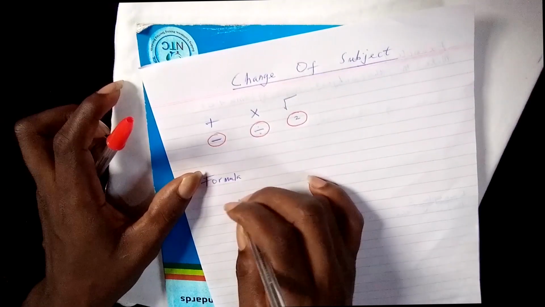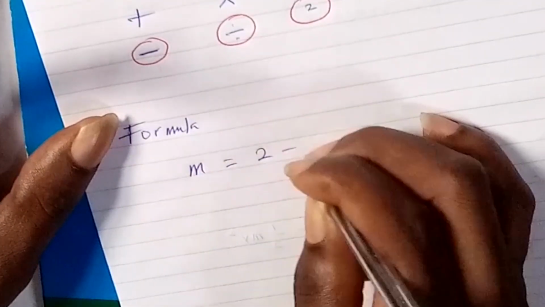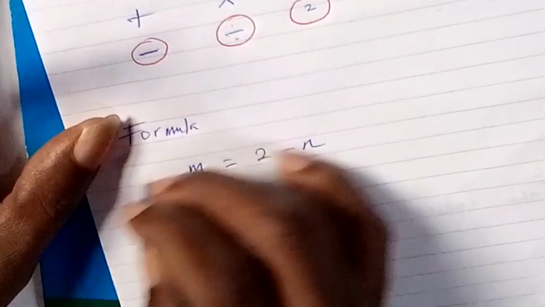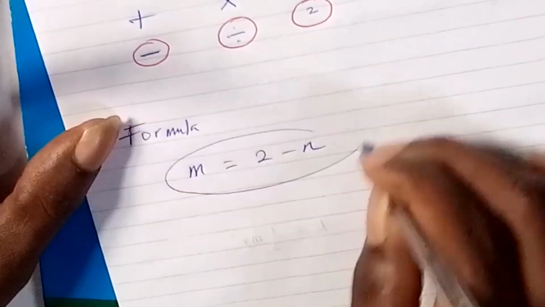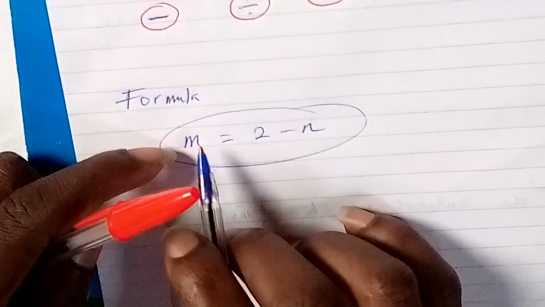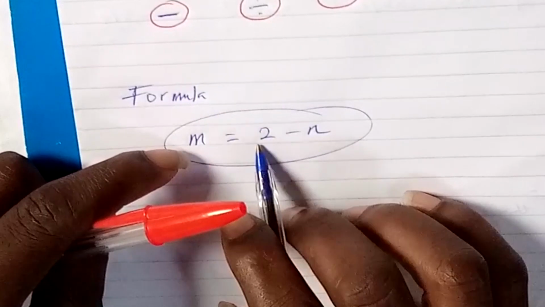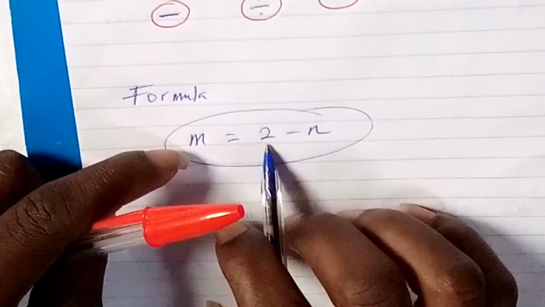For example, if we have m equal to 2 minus n, this is called a formula because we have one variable, and this variable m has been expressed over the other symbols that we see.